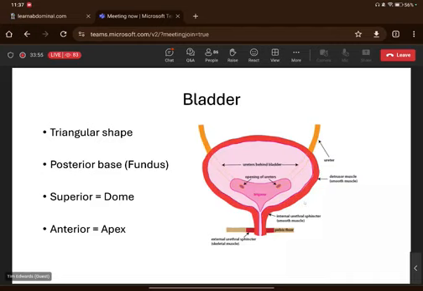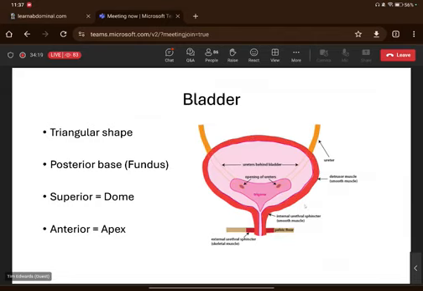We can't really see it on this, but you'll see from the images that we'll talk through further that the posterior base of the bladder is fixed in the retroperitoneum. Well, it's extraperitoneal, and it's called the fundus. And then the superior part of the bladder is what we call the dome.